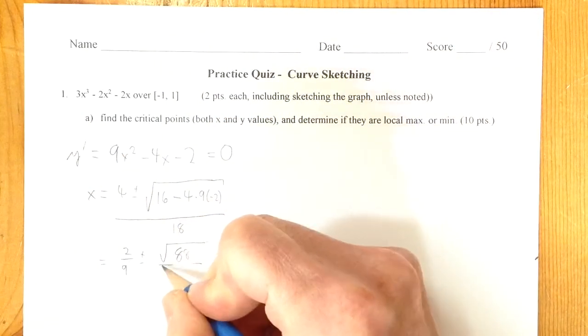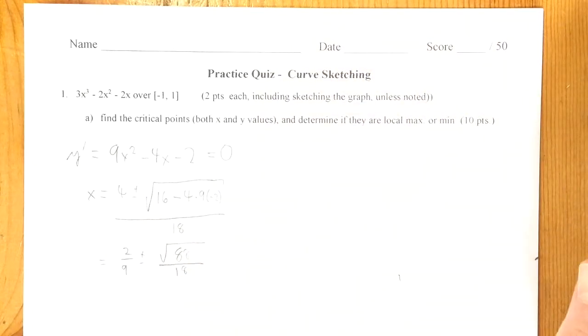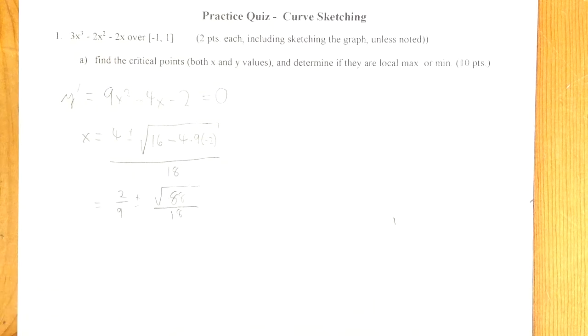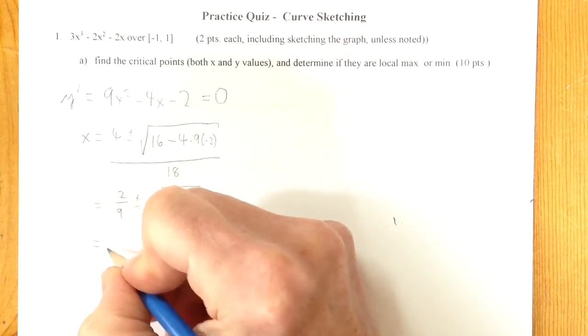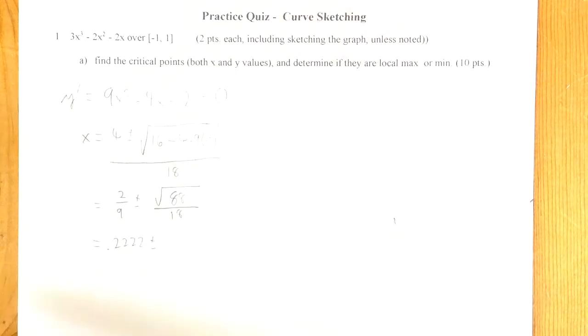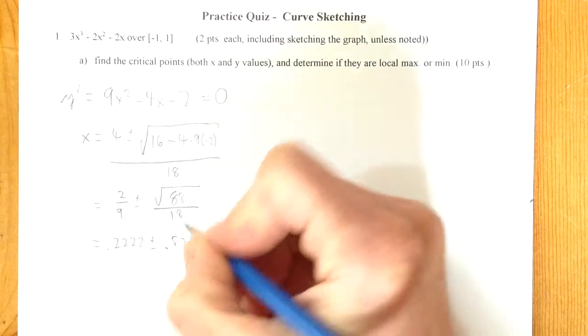Okay, sometimes if it's going to be a pretty number, we can try to figure out the pretty number here, but this is not going to be a pretty number. So let's just decimalize this thing. 2/9 is 0.2222 forever, plus or minus the square root of 88 divided by 18, which is 0.521.